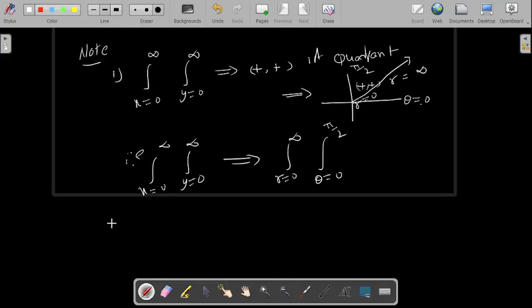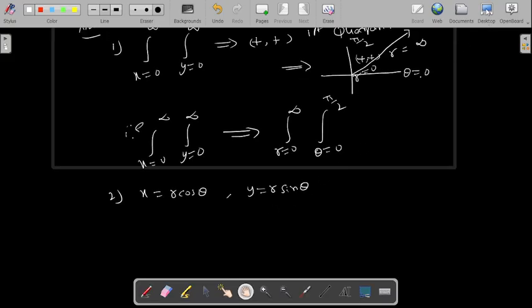Next, the second note point. You convert the given function into polar coordinates, x equal to r cos theta, y equal to r sin theta. We did this in the lower classes also. Now x square plus y square equals r cos theta whole square plus r sin theta whole square.